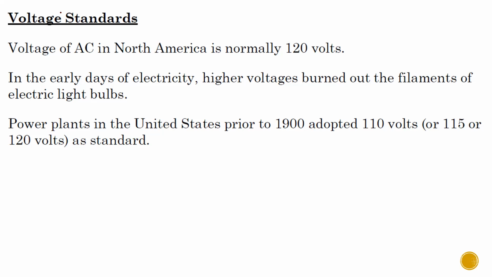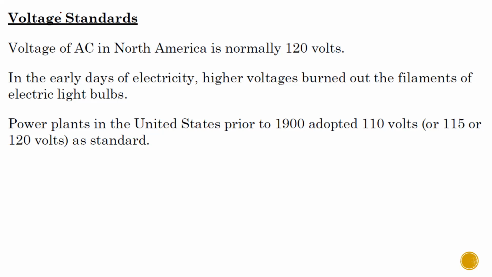In the early days of electricity, higher voltage burned out the filaments of the electric light bulb. You know the electric light bulb? Since we had a higher voltage, it burned the filaments.